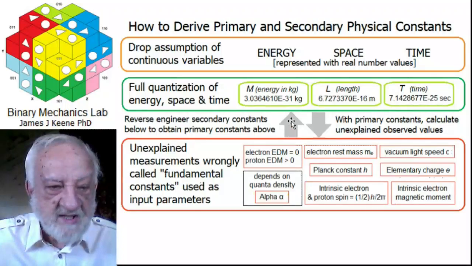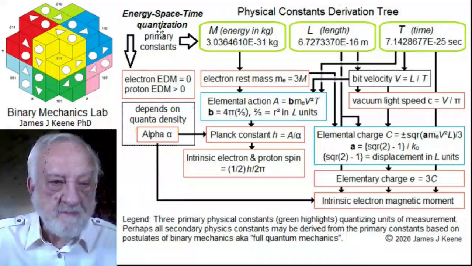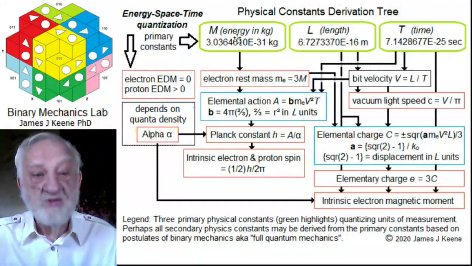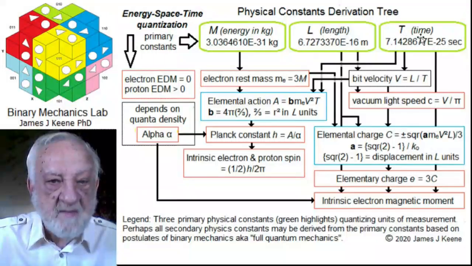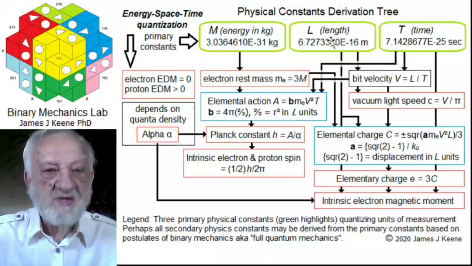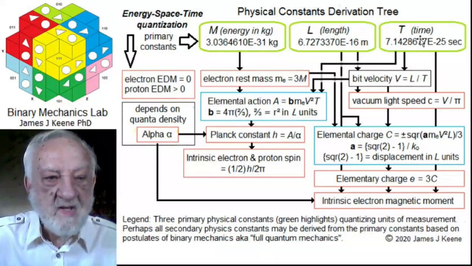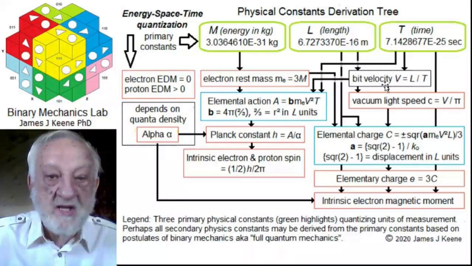With the postulate of energy, space, time quantization, the next logical question is, what are the values for energy, length, and time? How do we determine those values? Well, we're going to have to look at the measured values for the so-called fundamental constants shown in red boxes here in our physical constants derivation tree.